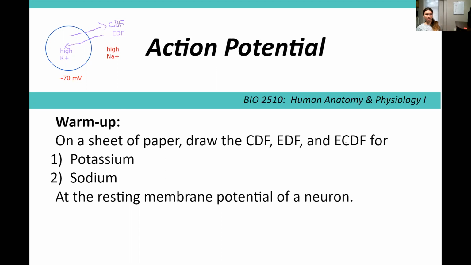So that's our electrochemical driving force, which is a combination of our chemical driving force and our electrical driving force. And the easiest way to just remember which direction that's going to point for our important ions for neurons is to just remember that our equilibrium potential for potassium is negative and our equilibrium potential for sodium is positive.